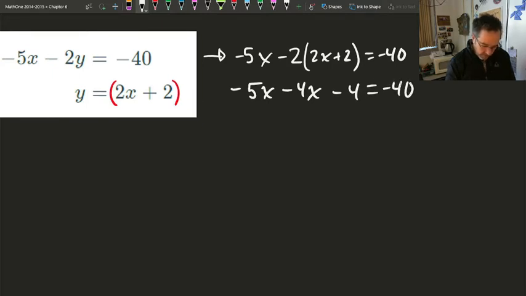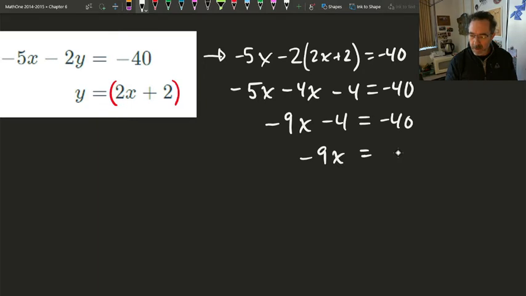Okay. When I combine negative 5x and negative 4x, that's clearly negative 9x minus 4 equals negative 40. I'm going to add 4 to both sides. So negative 9x is equal to negative 40 plus 4, which is negative 36.